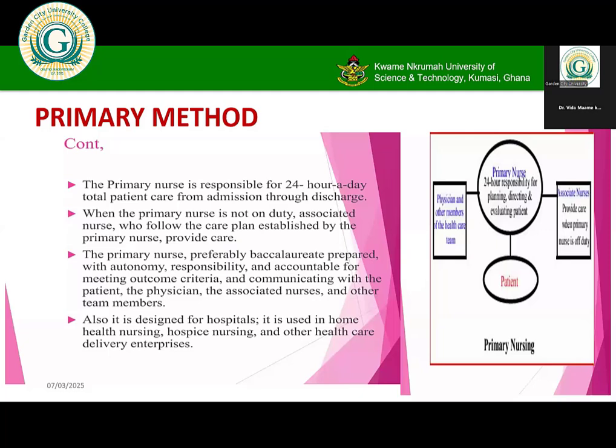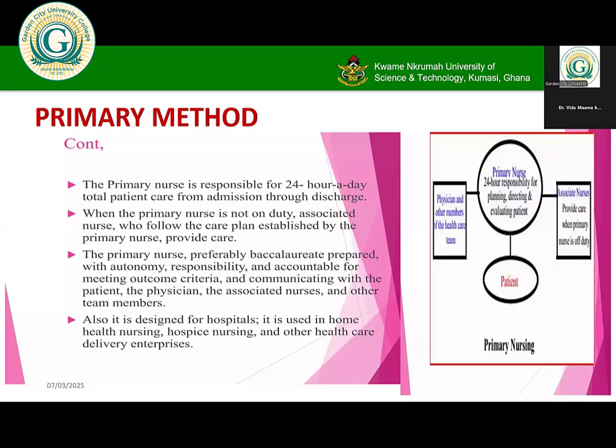So it's still the primary nurse who is responsible, but when he or she is not around, we have the associate. When the primary nurse is not on duty, the associate nurse, who follows the care plan established by the primary nurse, provides the care.